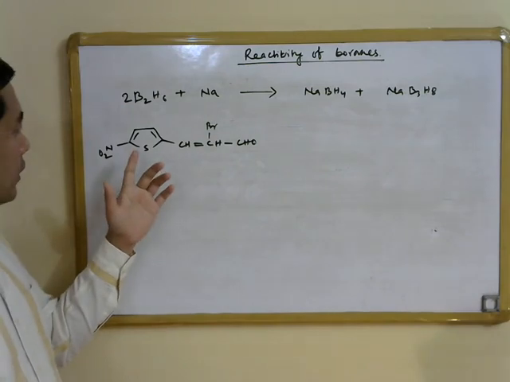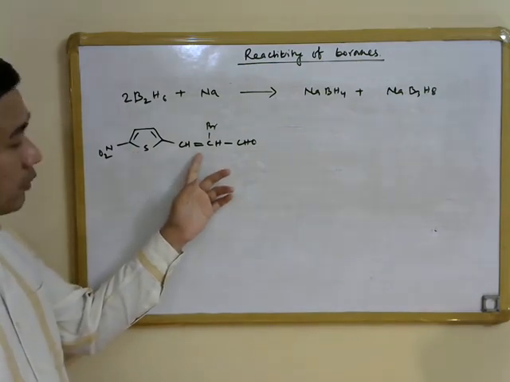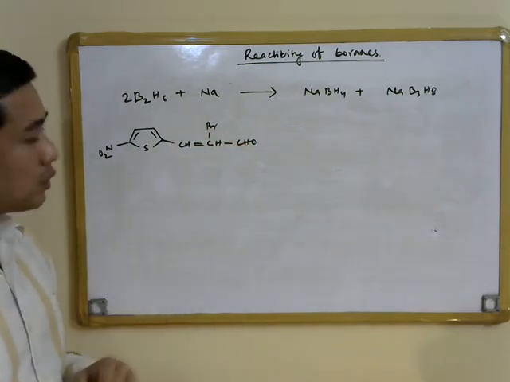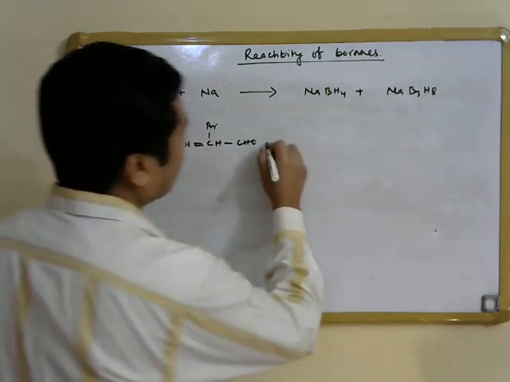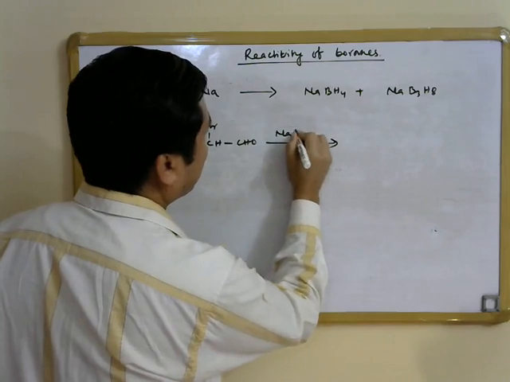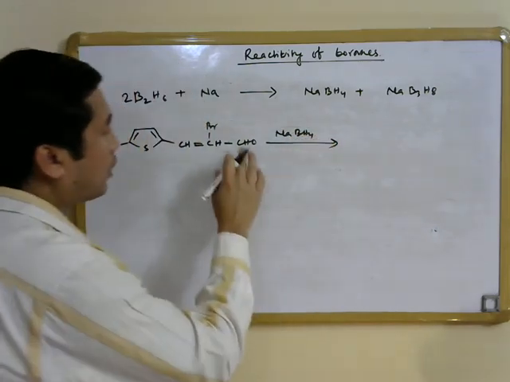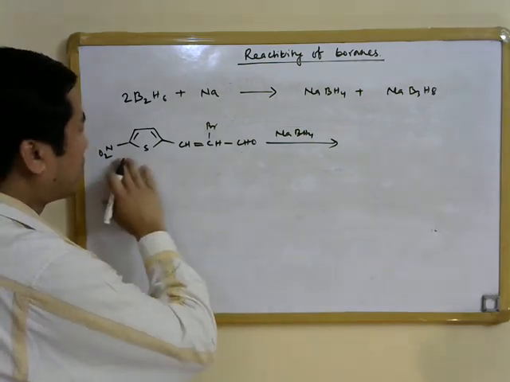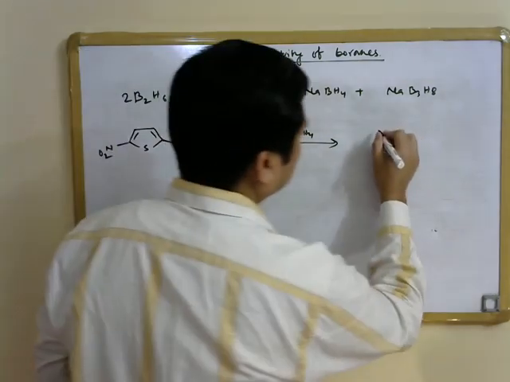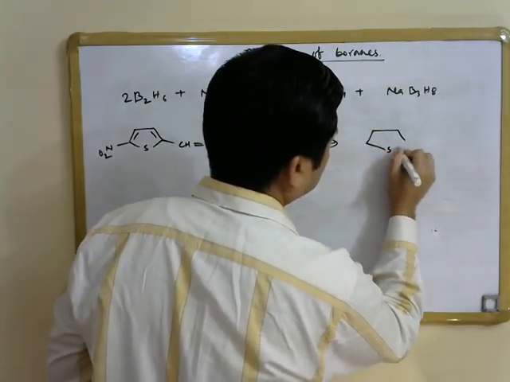Here this thiophene is also there. Then the olefin functionality is there, as well as the bromo substituent in this particular aldehyde. And then when we do reduction by using sodium borohydride, it is only going to reduce the aldehyde functionality over here, and the other functional groups are going to remain intact during this reaction.